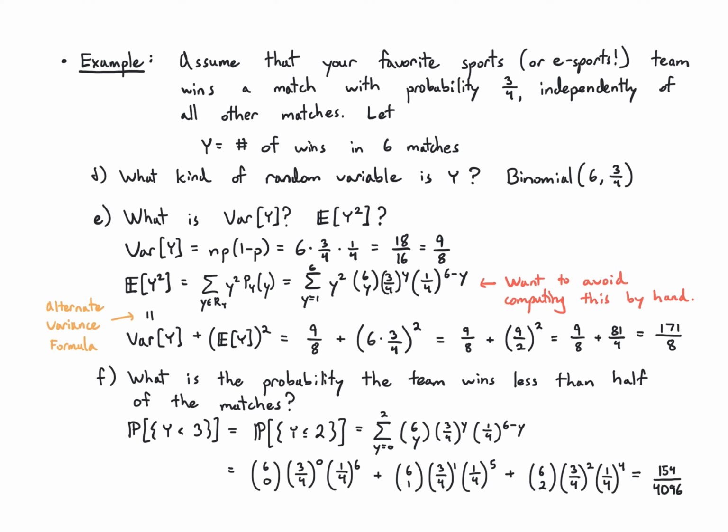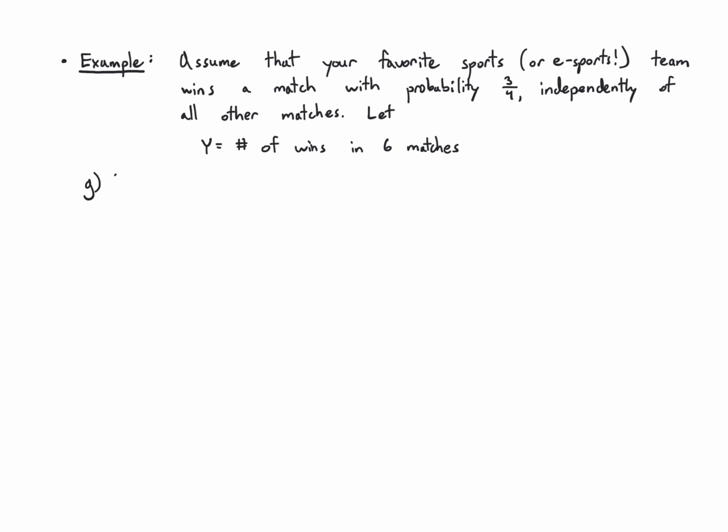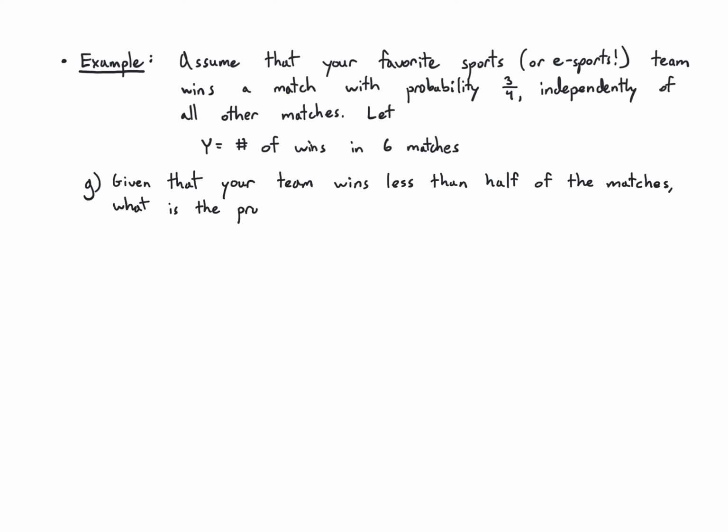Okay, so I had to do a little bit of work to work this out. And finally, let's ask: given that I know my team is going to win less than half the matches, so I'm going to condition on this event, what is the probability that they're going to win exactly 2 matches?